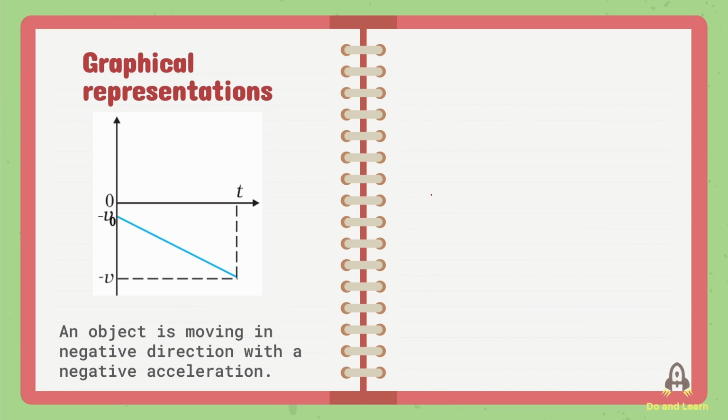This graph explains an object moving in a negative direction with a negative acceleration. The velocity goes from minus v0 to minus v, on the minus y axis, so it is clear the velocity is reducing.